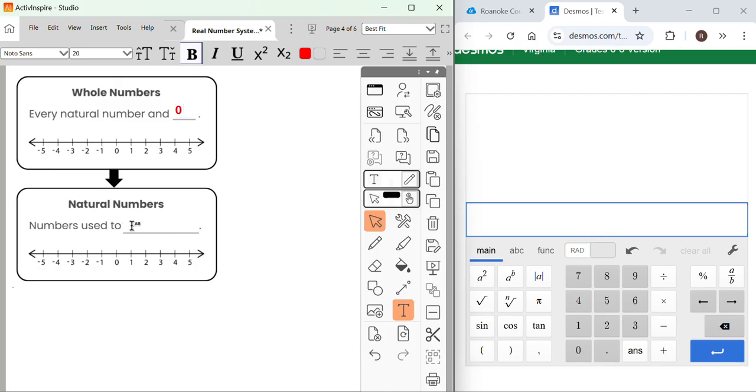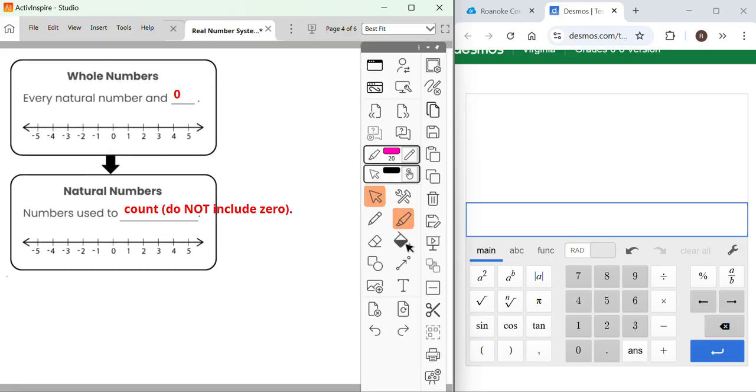Natural numbers are numbers that we use to count, and they do not include 0. And I'm going to go ahead and put that in here. Do not, and I'm going to put that in capital letters, include 0. Okay?